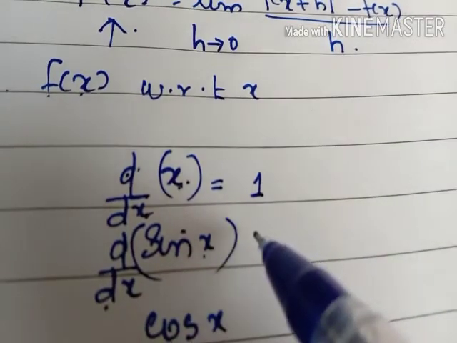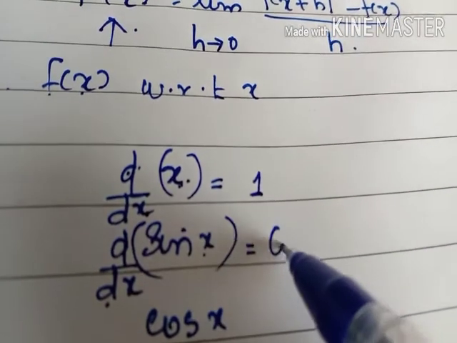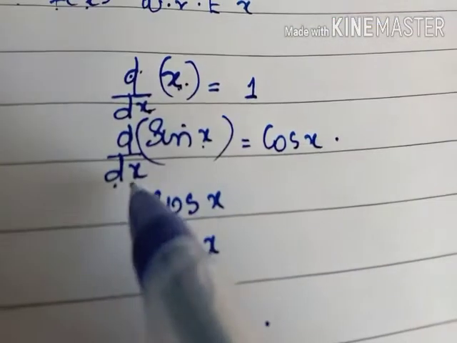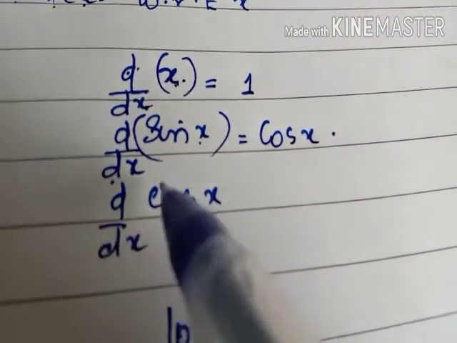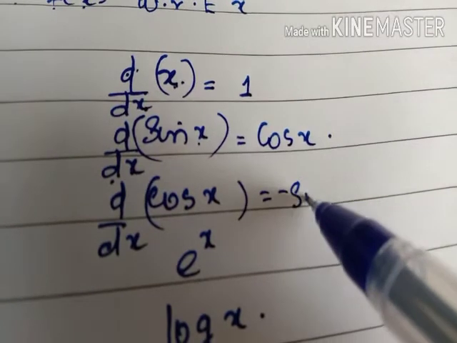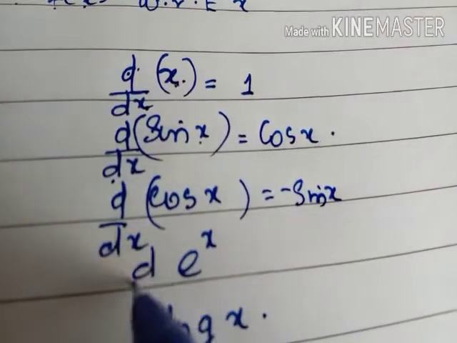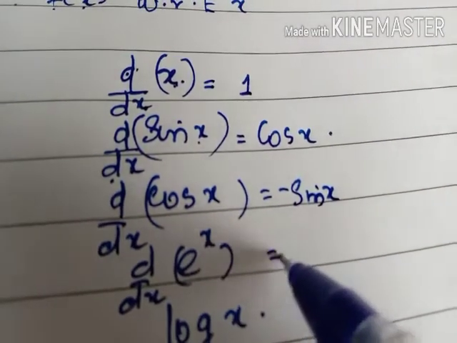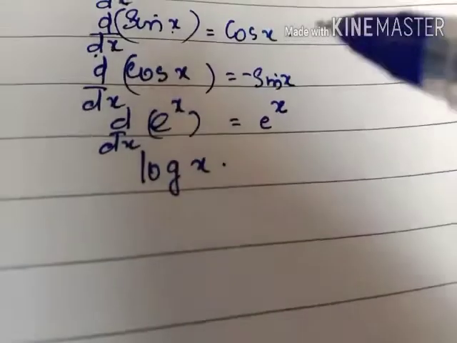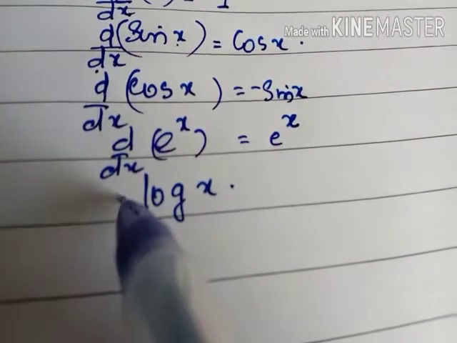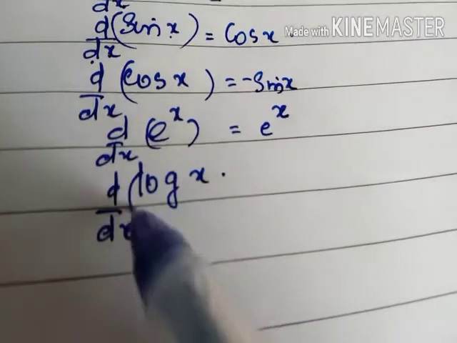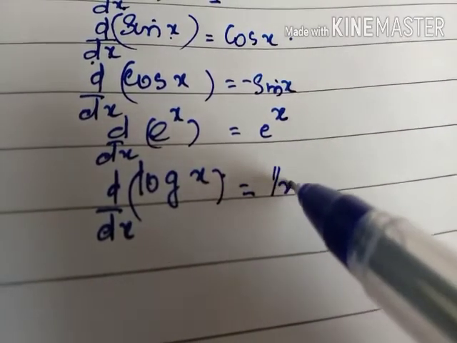is cos x, and similarly the derivative of cos x is minus sin x. The derivative of e raised to x, the exponential function, is e raised to x itself, and the derivative of log x is 1 by x.